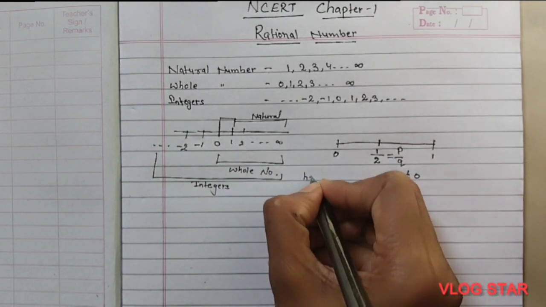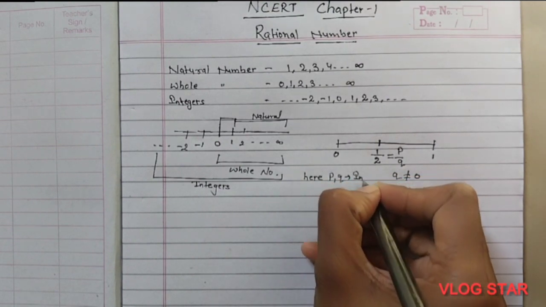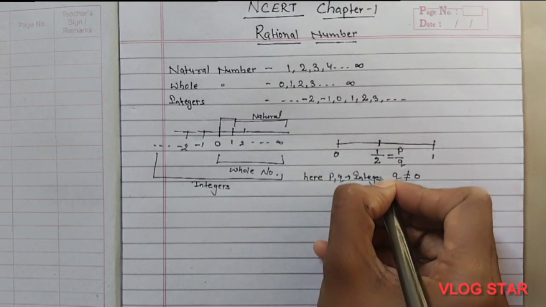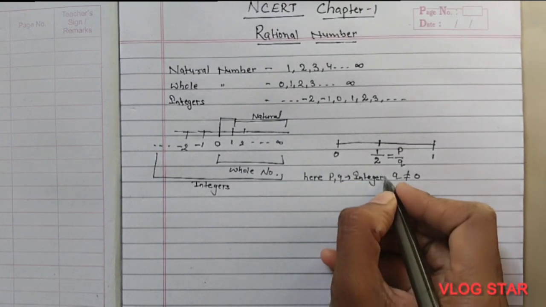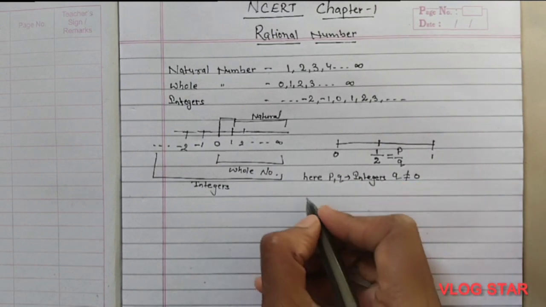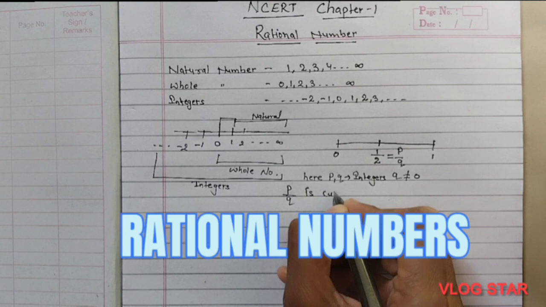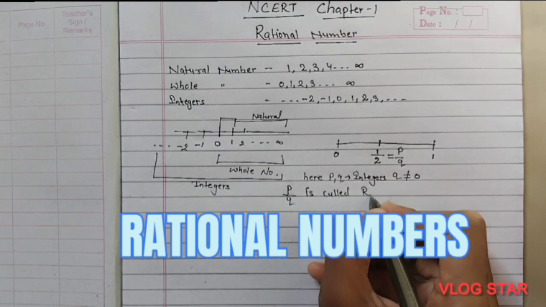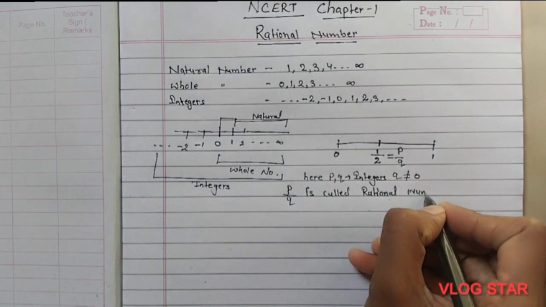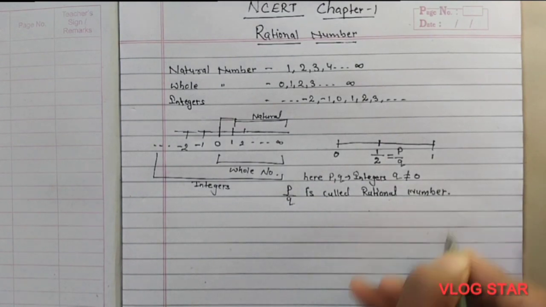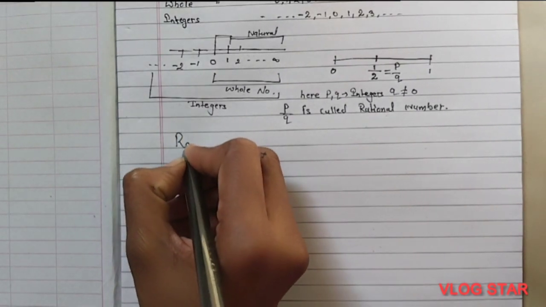Here p and q are integers, which means negative values are also counted in rational numbers, and positive values also count. This p by q form is called a rational number. So our chapter name is rational numbers.